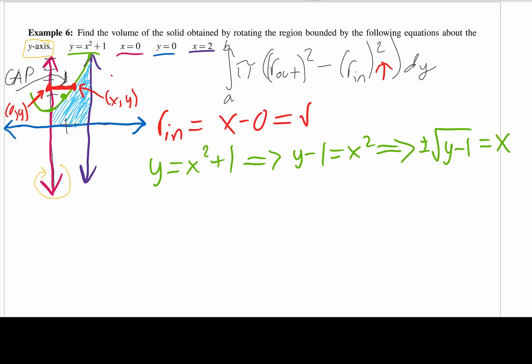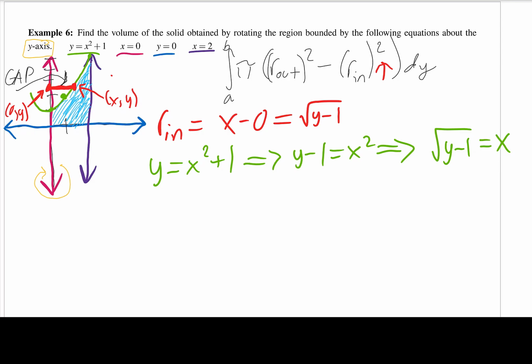So this should just be square root of y minus 1. The other reason is that this point is sitting in the first quadrant, which means this x value has to be positive, so we could have gotten rid of the plus or minus right here.